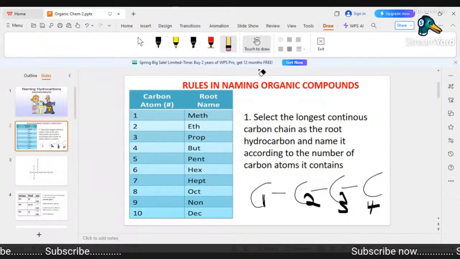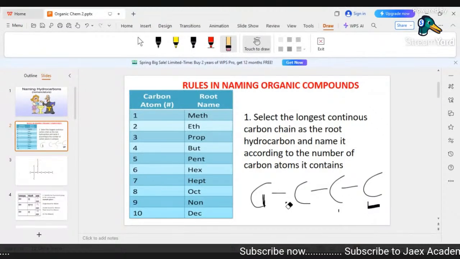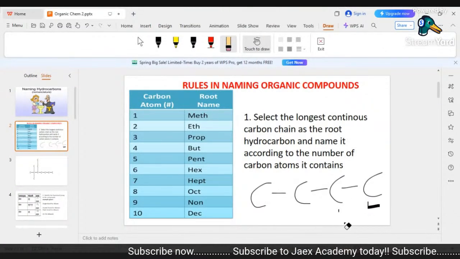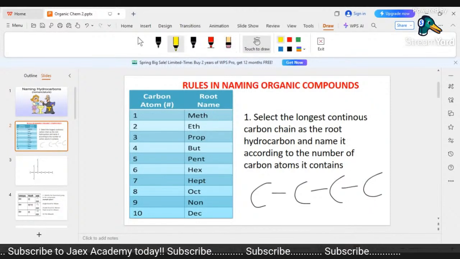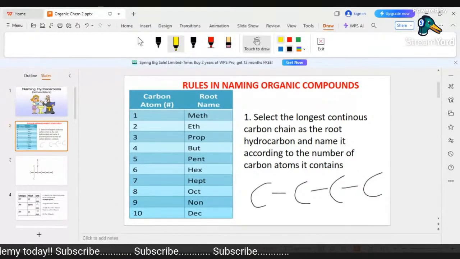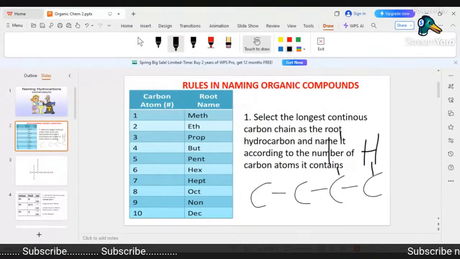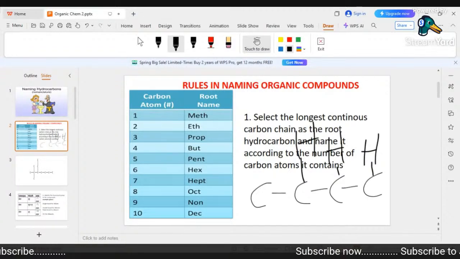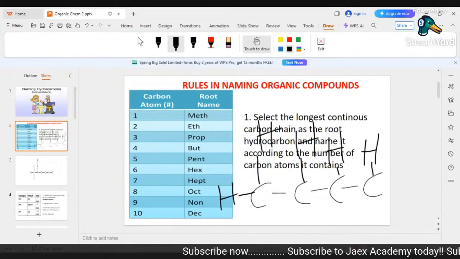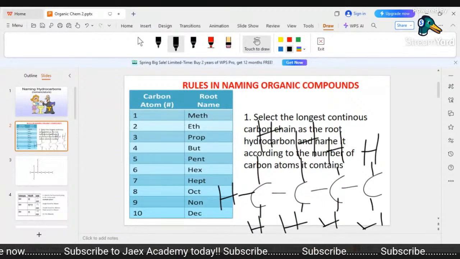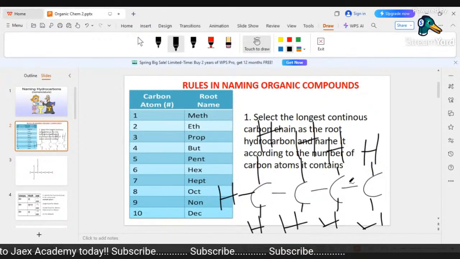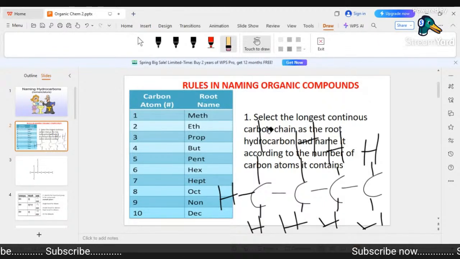If we have something like this, with hydrogens attached up and down and on both sides, the functional group is alkane, so this becomes butane. I believe we all remember that.